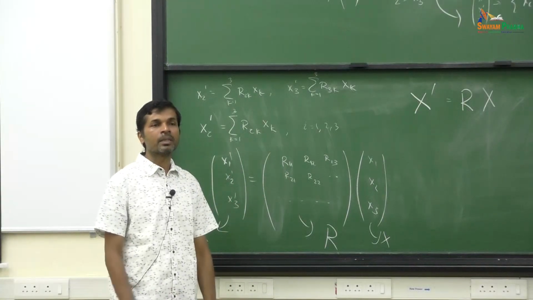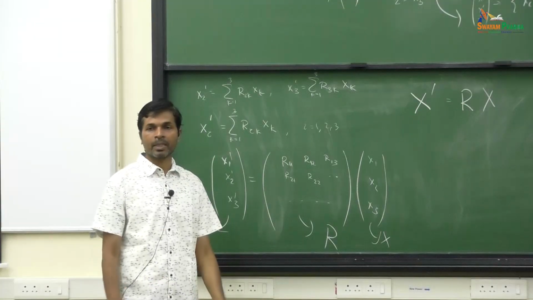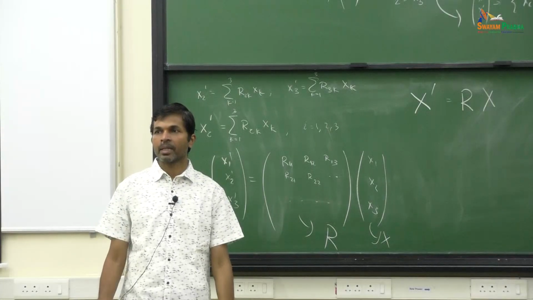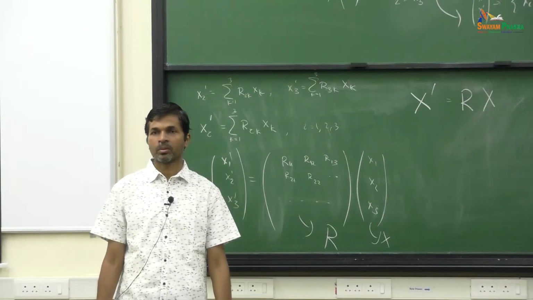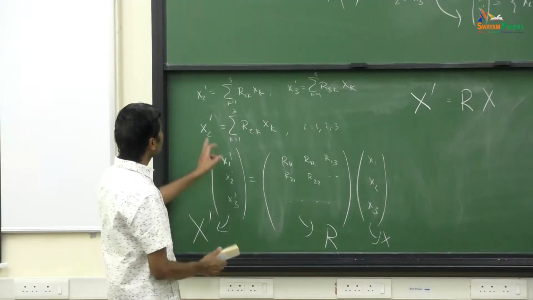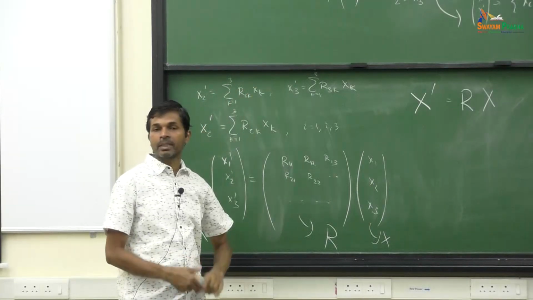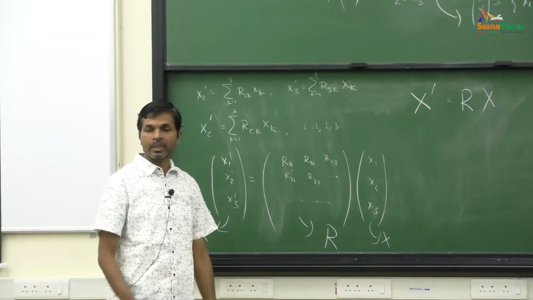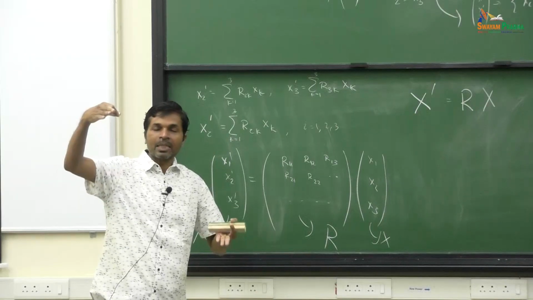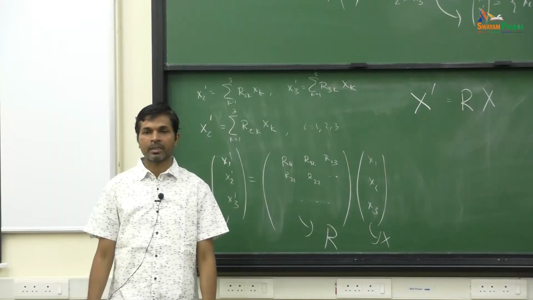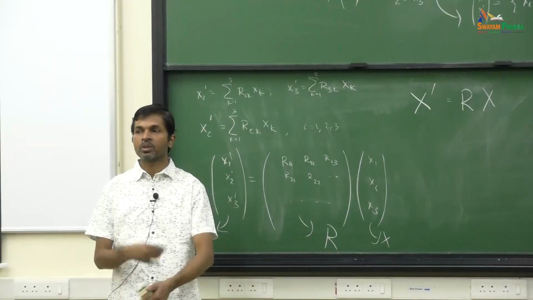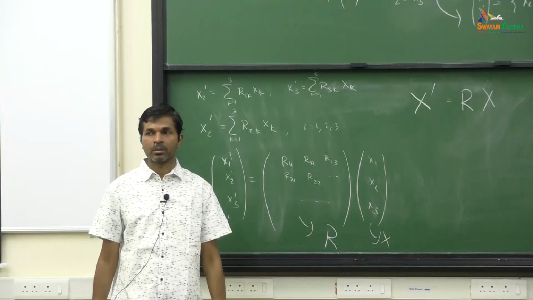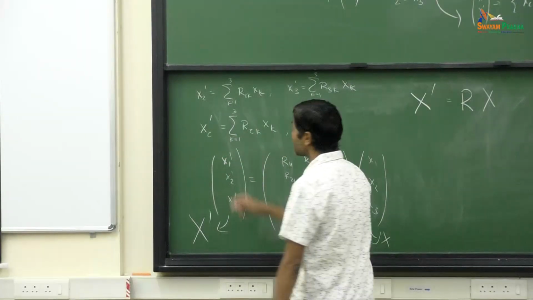But we are not interested in an arbitrary linear transformation. We are interested in rotation. And what does the rotation do? Although the rotation changes the components x, y, z, so that x prime, y prime, z prime are different, if you look at the length of a vector, it remains unchanged. No matter which way you rotate, the length of a vector remains unchanged. What is the length?